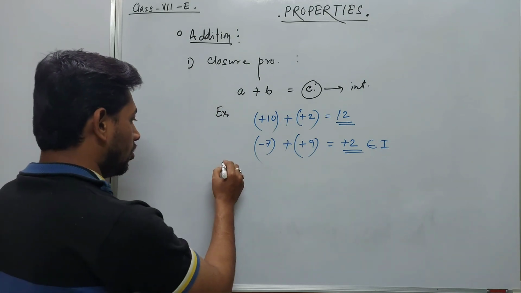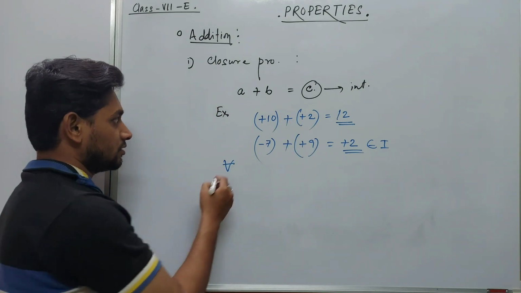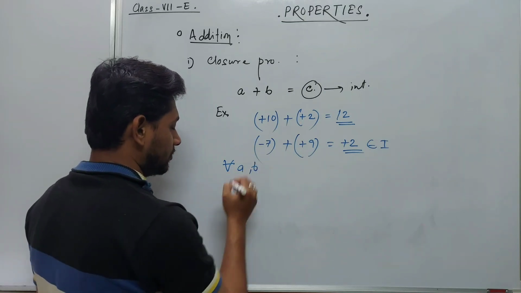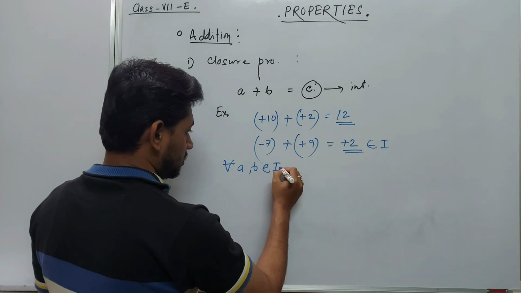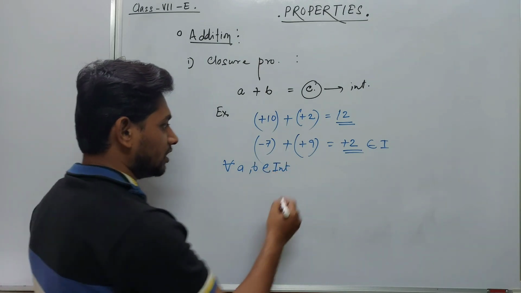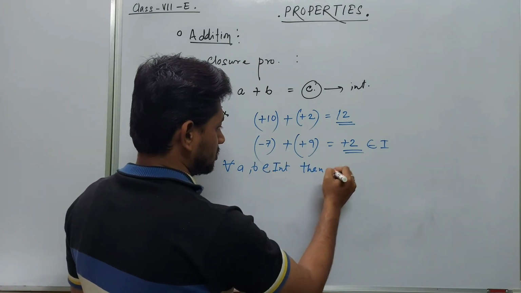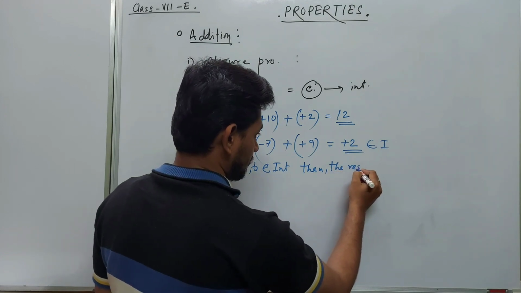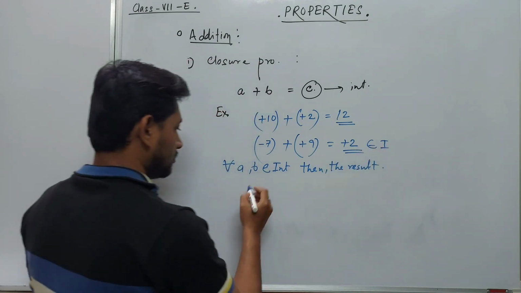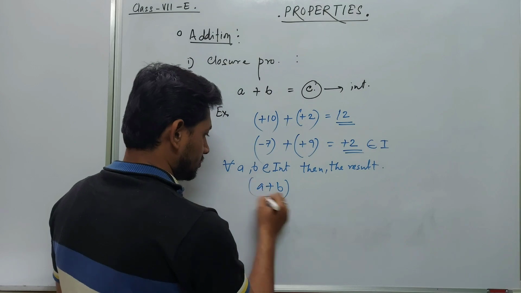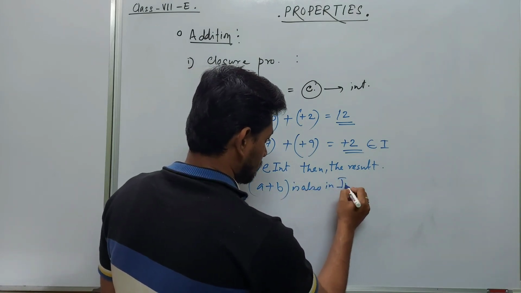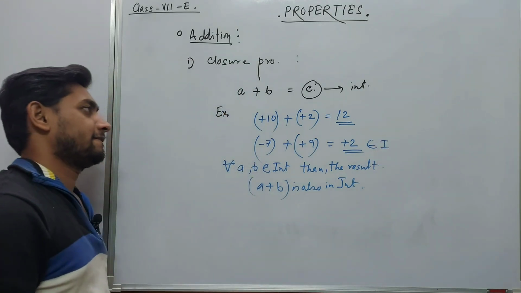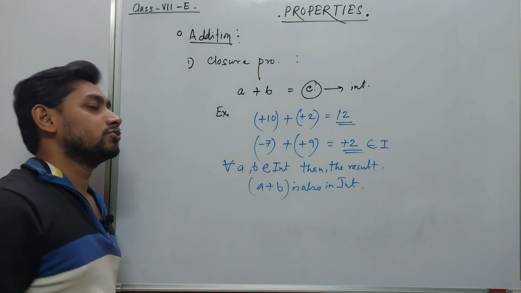That is, for all a, b belonging to the integers, the result a plus b is also an integer. This is our closure property.